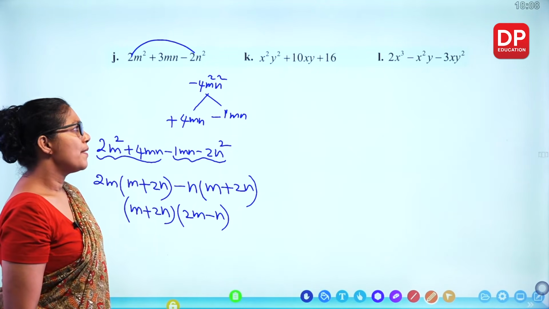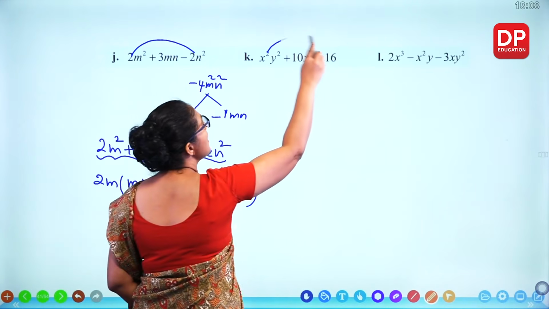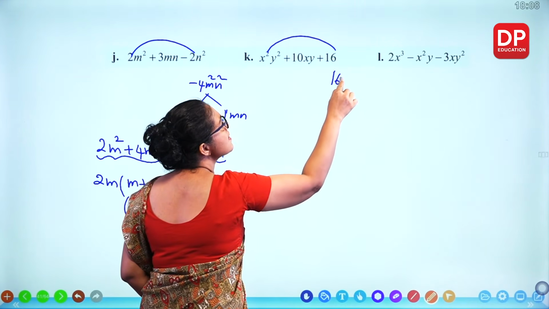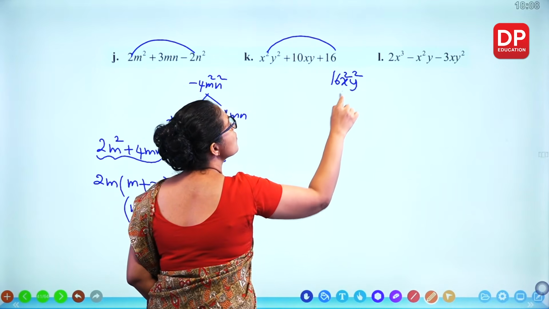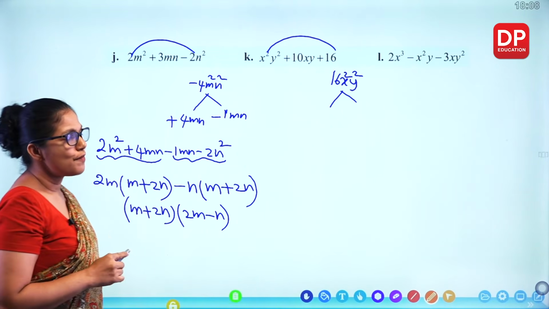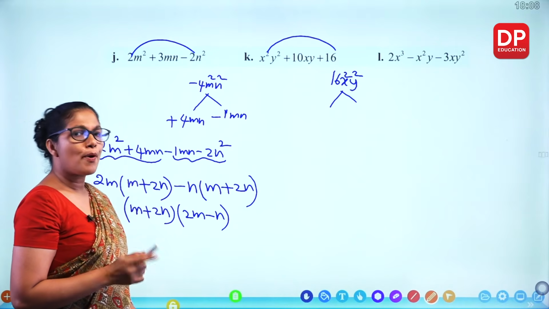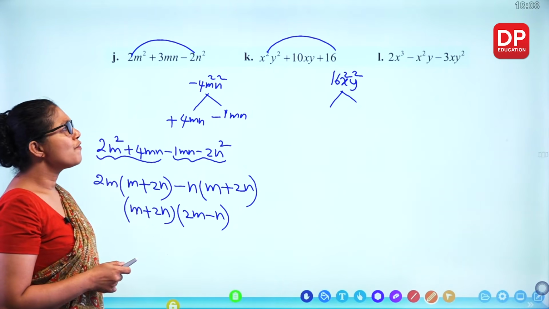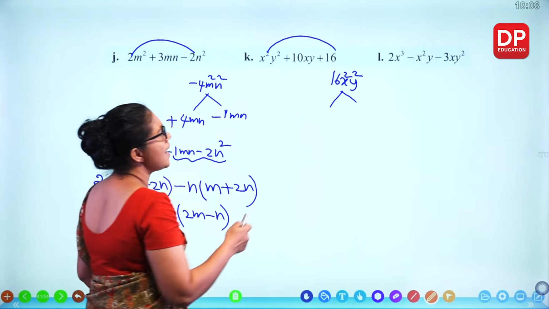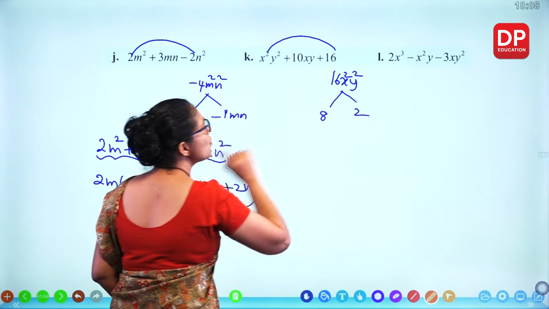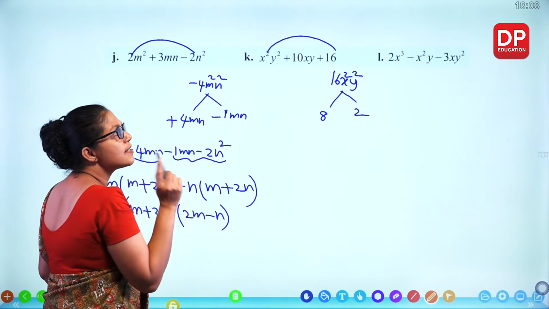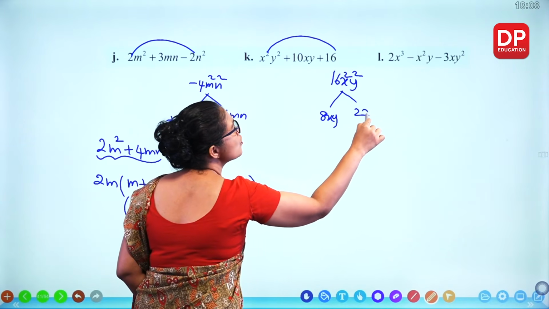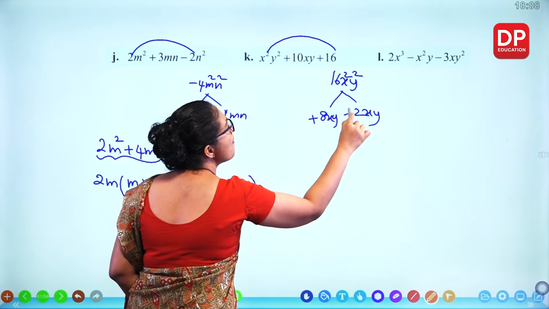Again, no common term, so you need to multiply these two together. 16 and x squared y squared, you get 16x squared y squared. Now try to find out the factors. Both terms are positive, which means both factors are positive. Factors of 16, I can write 8 and 2 because 10 is the middle number. So 8xy and 2xy, both positive.